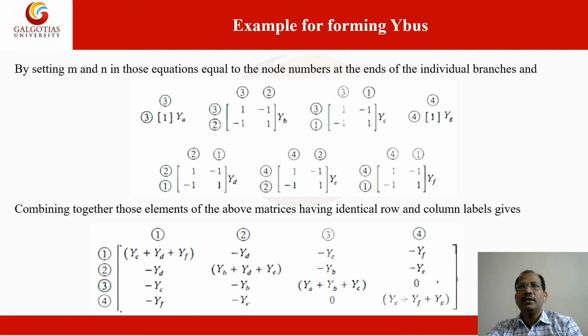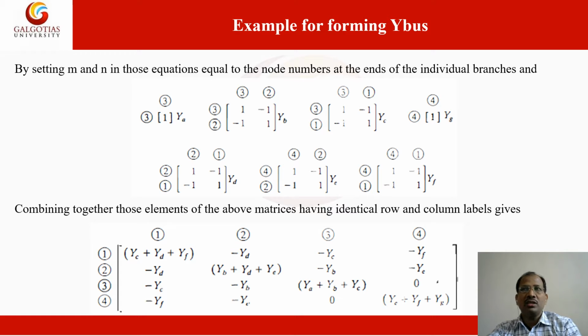Here you can see, by using the branch values, we are considering how many branches there are. So based on these equations you can see the diagram. We have to count how many branches are there. So we find a total of 7 branches.